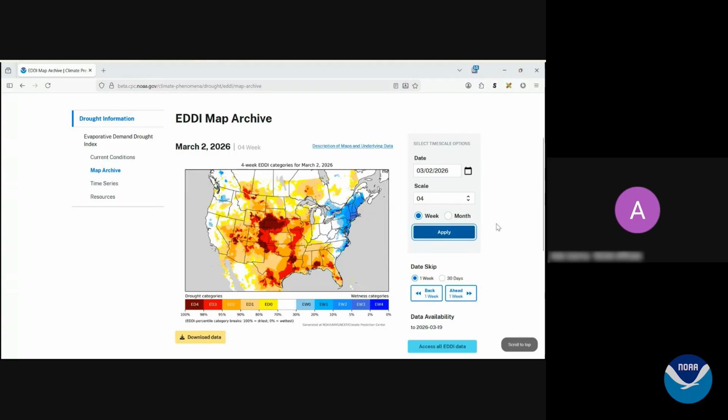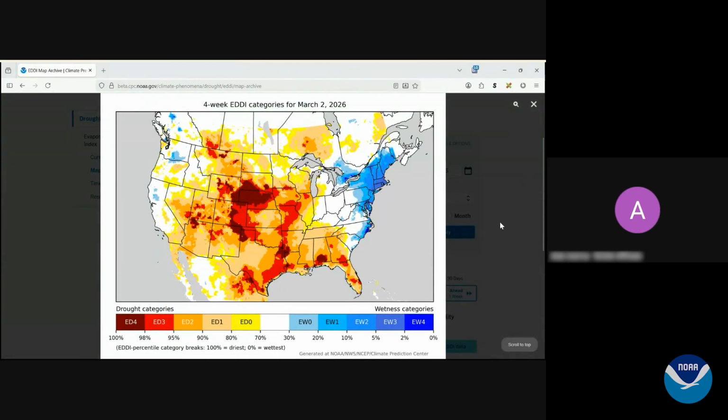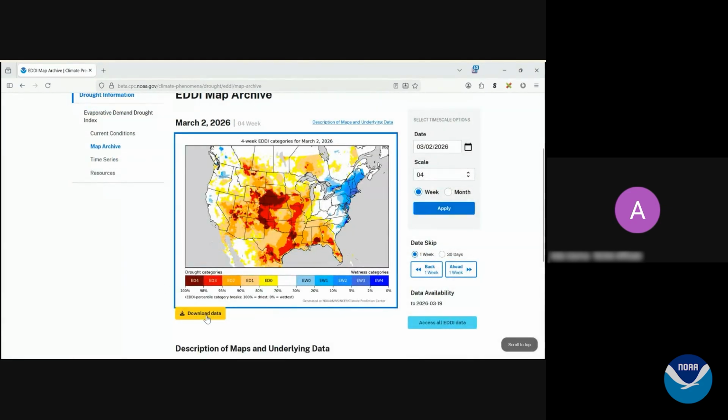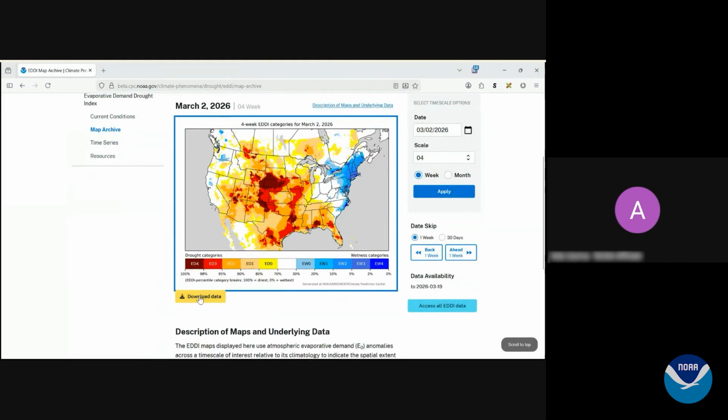And then when you click apply, it'll show you the map for that date. And similar to the current conditions maps, you can click to see a larger version of each map. And again, the button here will dynamically change to link you to the NetCDF data file for the map that is being displayed.